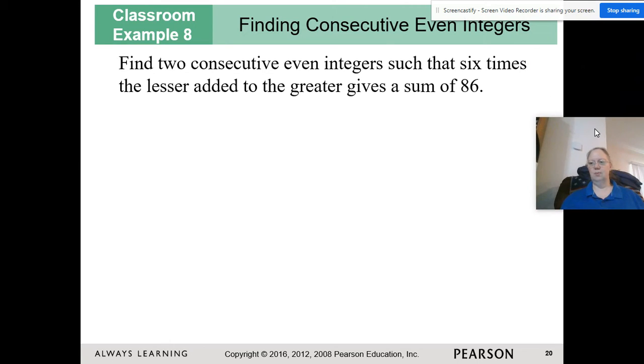Let's get this out of the way. Two consecutive even integers.